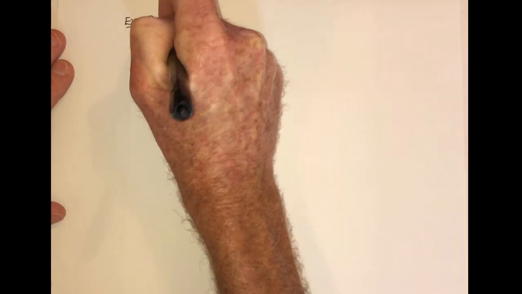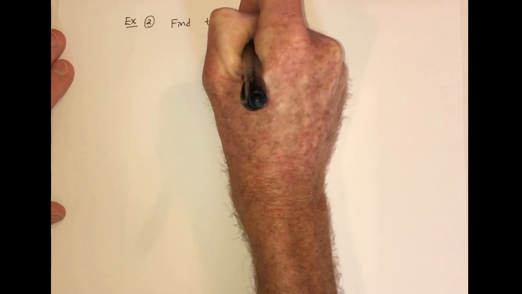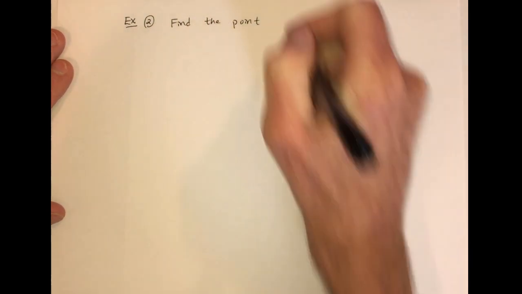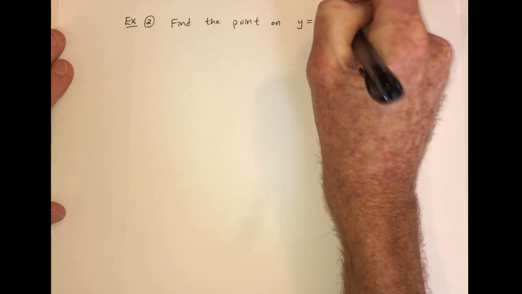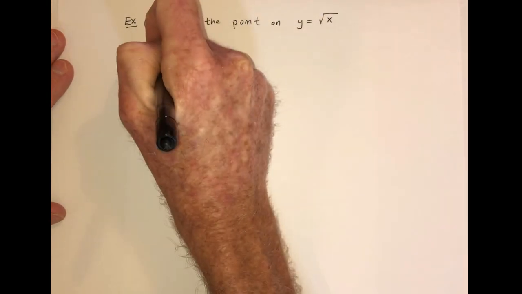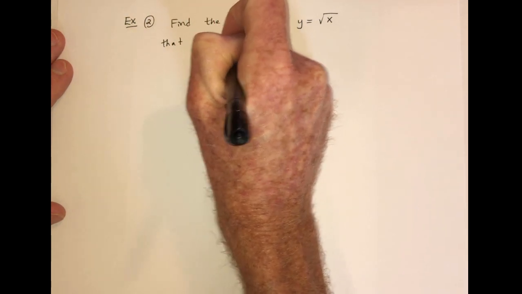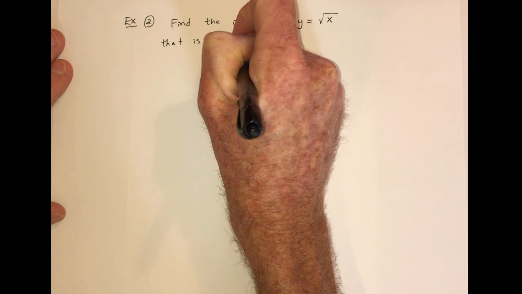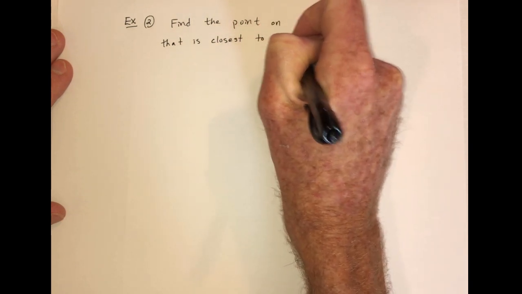So for example number 2, find the point on this graph that's closest to the point 3, 0.